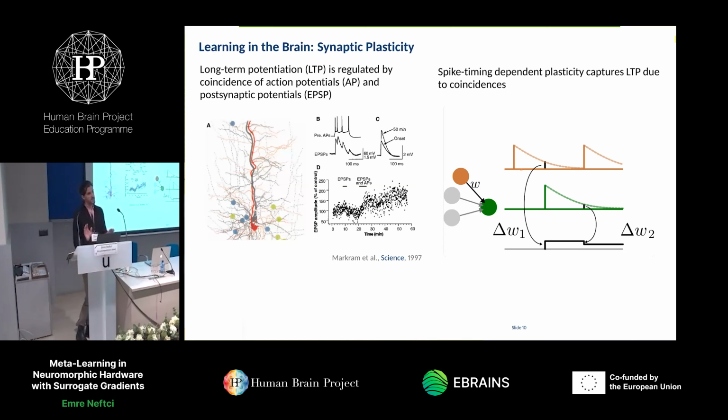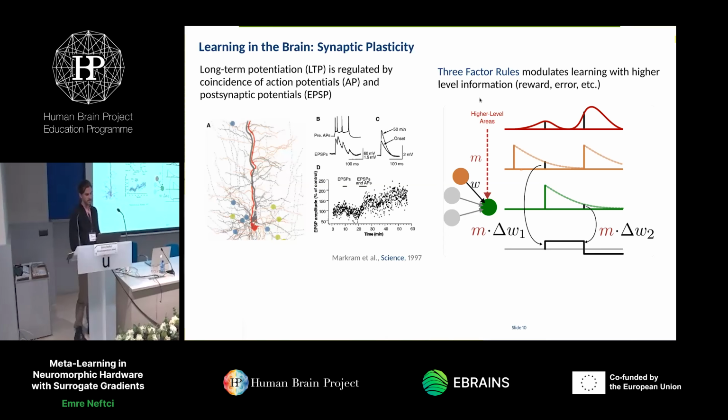Now, what we're doing is actually not spike timing dependent plasticity, but it's very close to it. If we add to this a higher level modulation that's carried by some neuromodulator, which can represent reward or error, essentially what it does is modify how we change these weights. Now, why do we want this higher level input anyway?